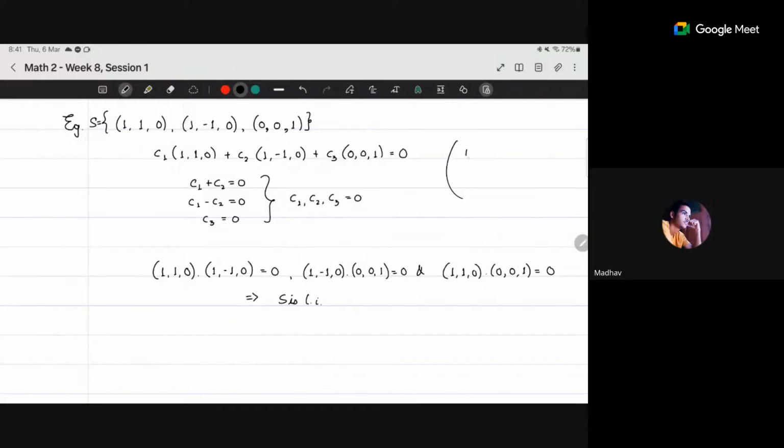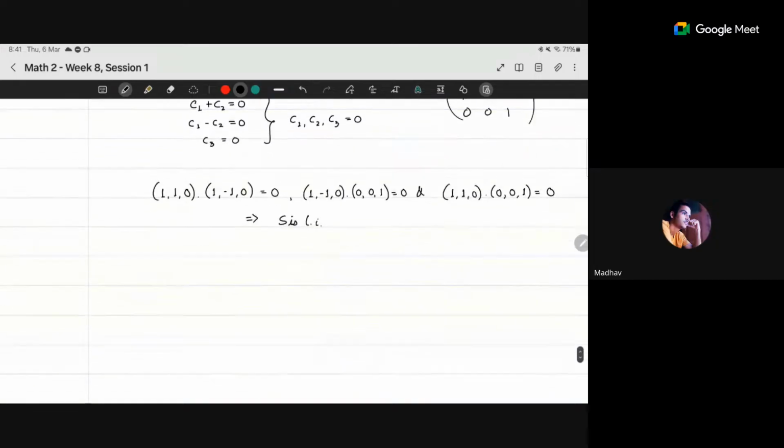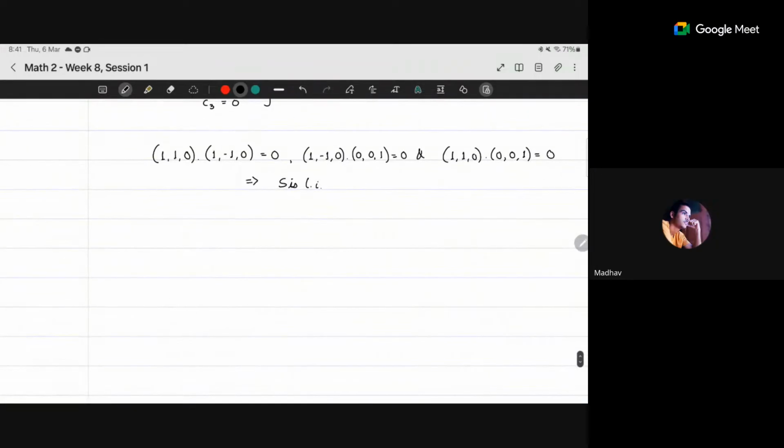Of course, there's another method. You could construct the matrix with rows (1, 1, 0), (1, -1, 0), (0, 0, 1), and then compute its determinant, which is equivalent to solving this system of equations. But even that is more computation than this, is what I would argue. Computing inner products is typically simpler, as long as you have the standard dot product, it is much simpler.